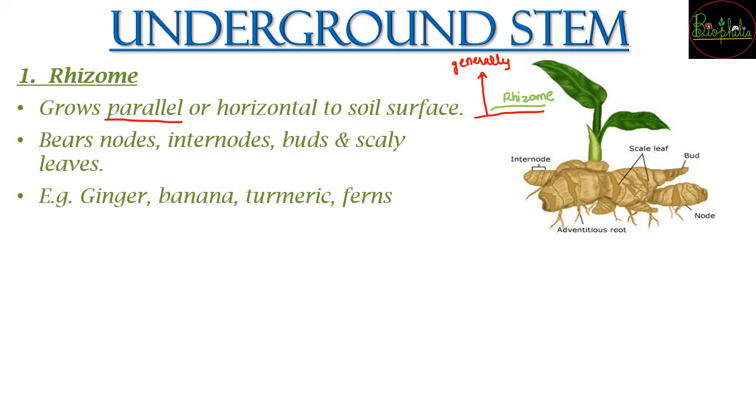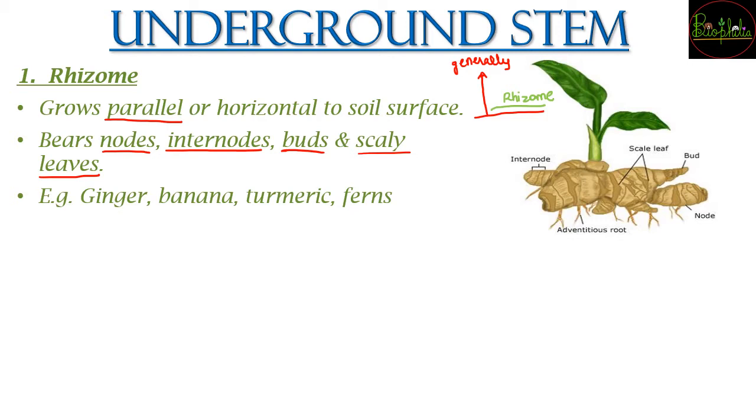So ginger जो होता है, it is a rhizome that is going to grow parallel to the soil surface. It also is called as stem because it has nodes, it has internodes, buds as well as scaly leaves. So जो stem के पास होना चाहिए वो सब है उसके पास, but only the way it grows is different and even the location. So it is called as a rhizome.